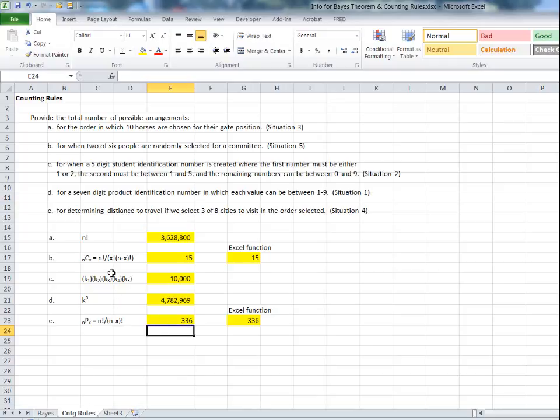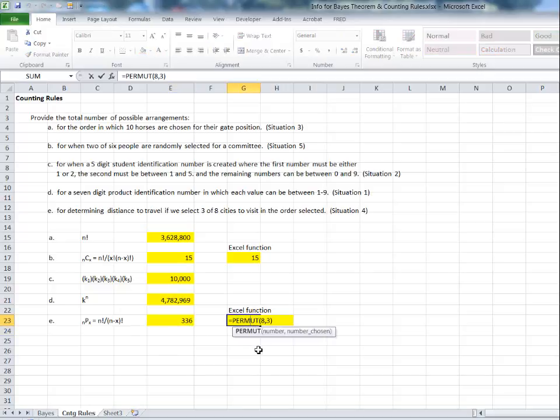So here it's essentially a combination without this x factorial. So now what you have is we've got 8 cities, so 8 factorial divided by n minus x, or 8 minus 3 factorial. So you can see there are 336 possible permutations. And I just wanted to show you that there's a simpler way to do that.